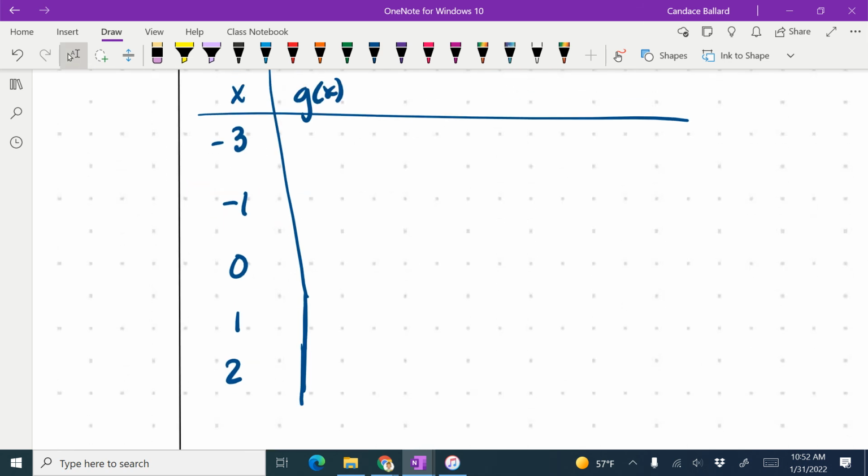Okay, let's work smart and not hard, okay? So table 1 is going to do -3. Table 2, you're going to do -1. Table 3, you're going to do 0. Table 4, you're going to do 1, and table 6 over here, you guys are going to do 2. Because everybody plug in. All right, practice the plugging in part.